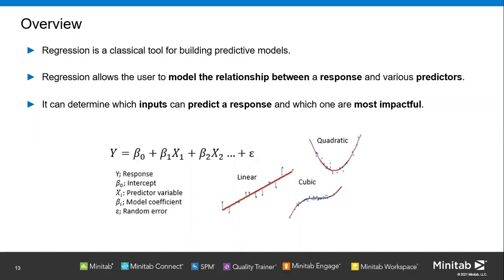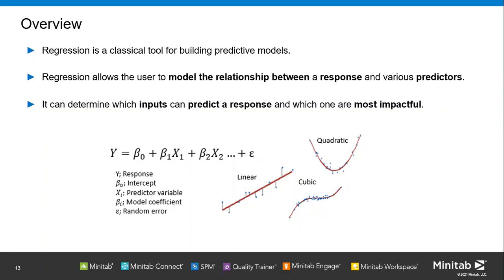Maybe you have a lot of historical data, or maybe your process now is good, meaning it is in control and capable. So what next do you want to do? Maybe you want to know what criteria, what inputs impact your process.